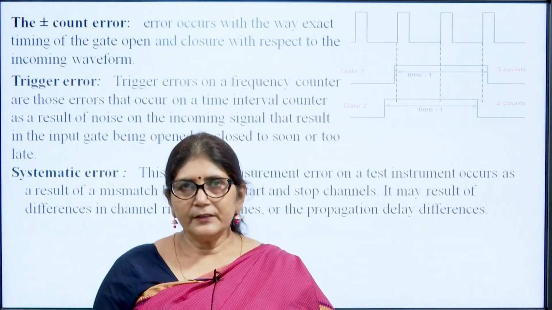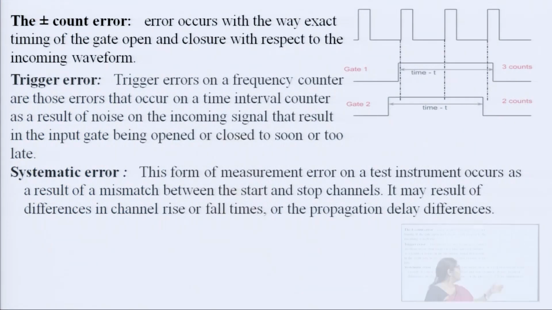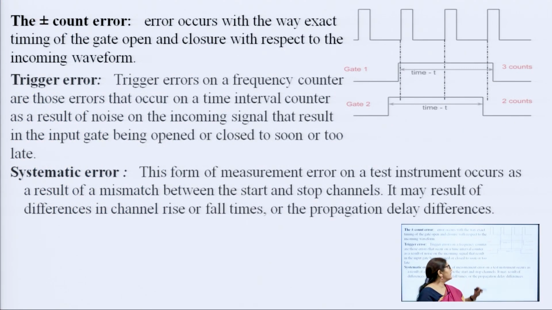Similarly, the count error is there. So, we can see here in the diagram that if the counter starts counting at this place, then it will count only 2 pulses, but if it starts here, it will count 3.